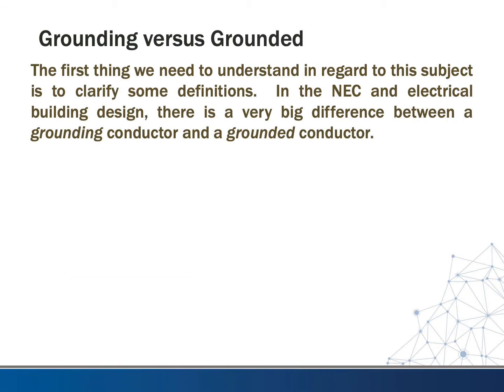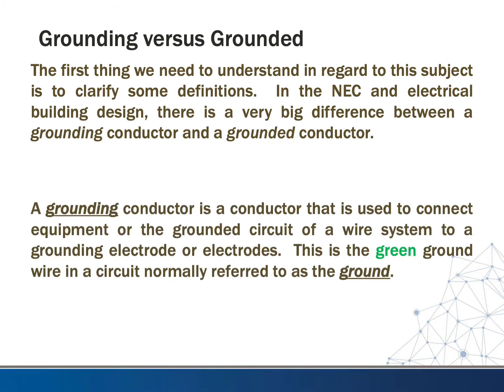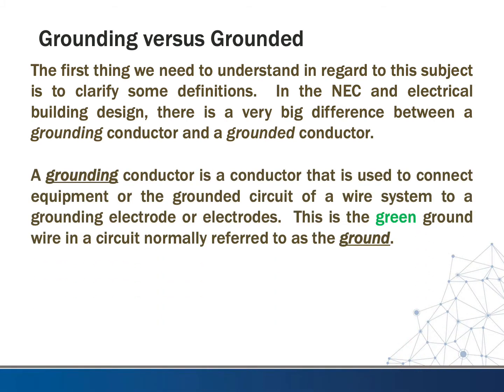First thing we need to understand in regard to this subject is to clarify some definitions. In the National Electrical Code and electrical building design, there is a very big difference between a grounding conductor and a grounded conductor. A grounding conductor is a conductor that is used to connect equipment or the grounded circuit of a wire system to a grounding electrode or electrodes.